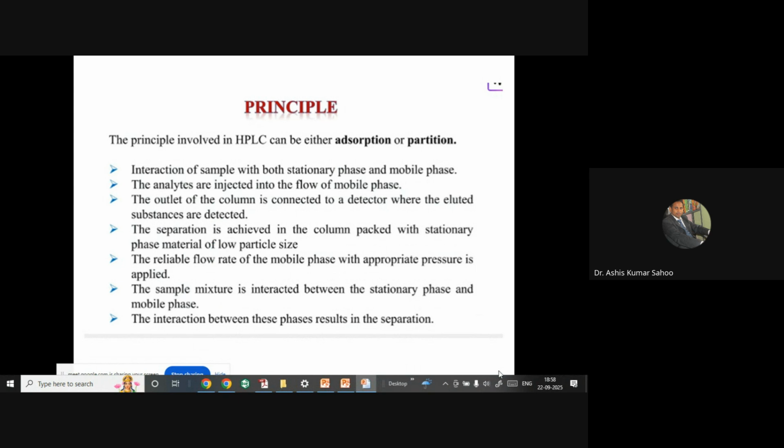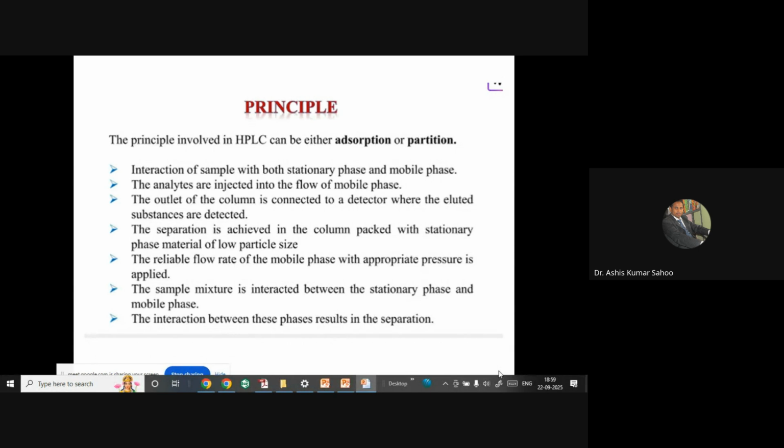The analytes are injected into the flow of the mobile phase. The outlet of the column is connected to a detector where the eluent substances are detected. The separation is achieved in a column packed with stationary phase material of low particle size. A reliable flow rate of mobile phase with appropriate pressure is applied. The interaction between these phases results in separation.